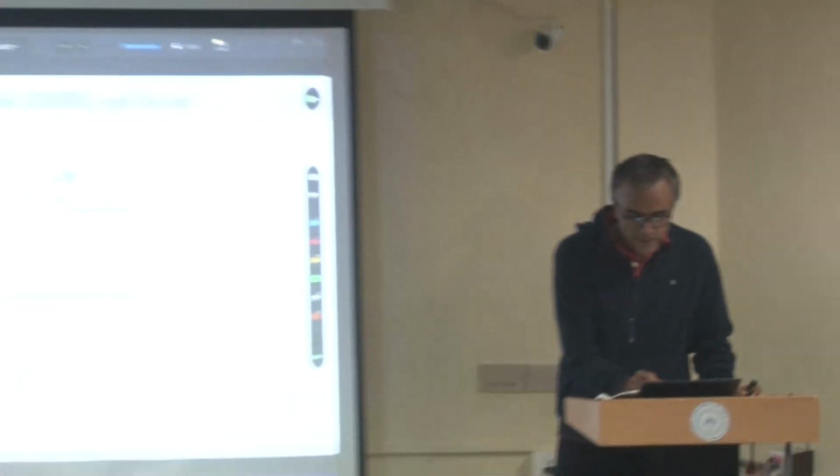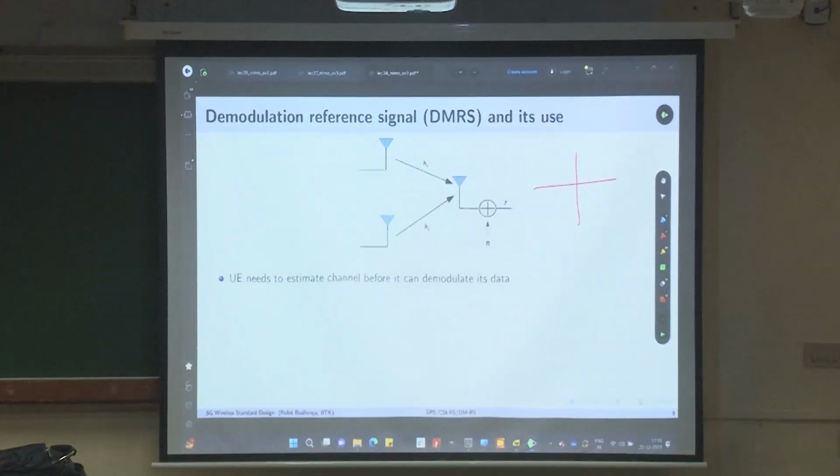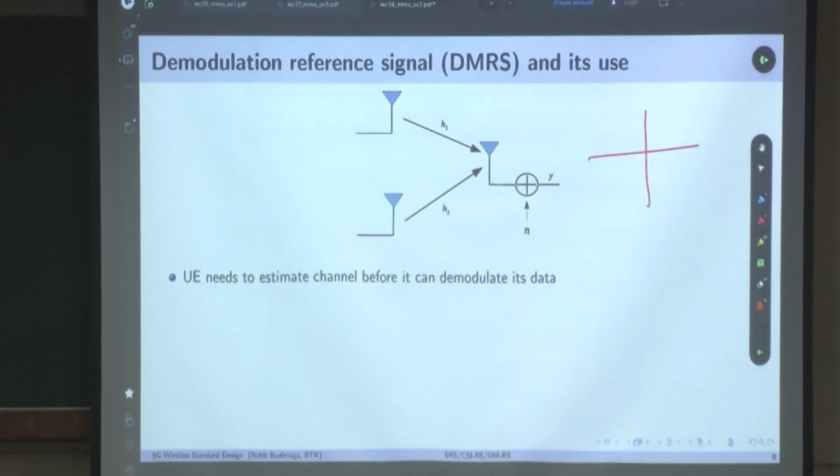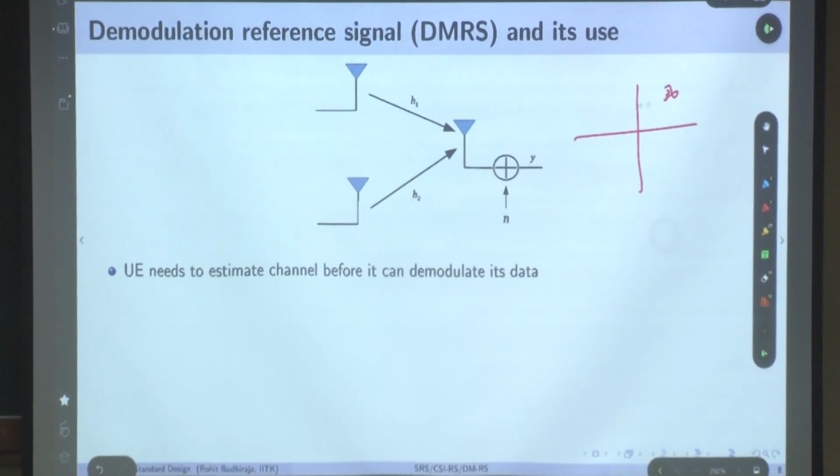Now the thing here is, the user needs to estimate the channel before it can demodulate its data. Why does it need to know the channel? Because let us say QPSK is being transmitted. This is a modulation, this is a constellation.